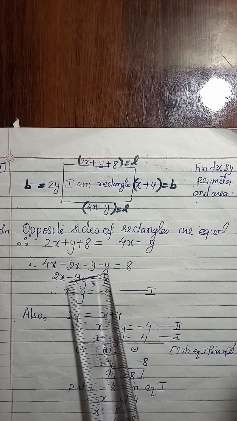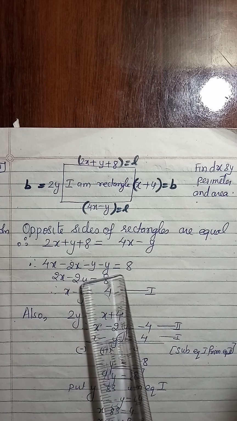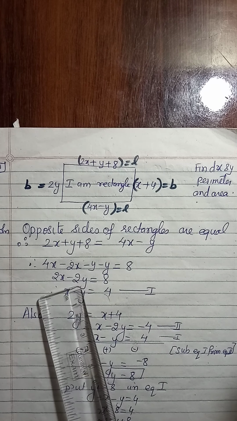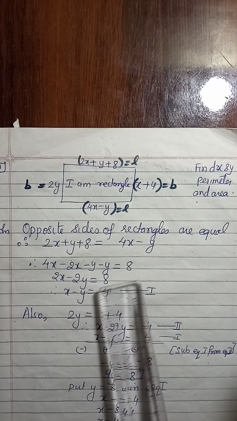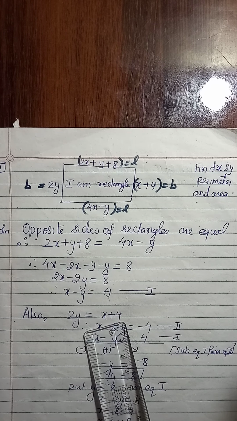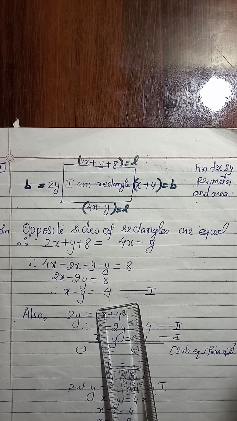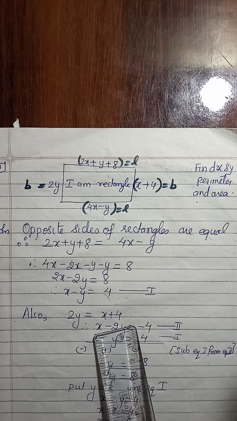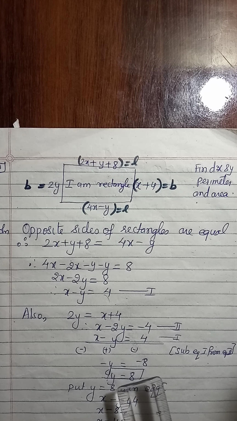Bring the like variables together. So we get 4x minus 2x minus y equals 8. So 4 minus 2 is 2, minus y is minus 2y, equals 8. Here common term is 2, divide each term by 2. We get x minus y equals 4. So that is how we have got the first equation.